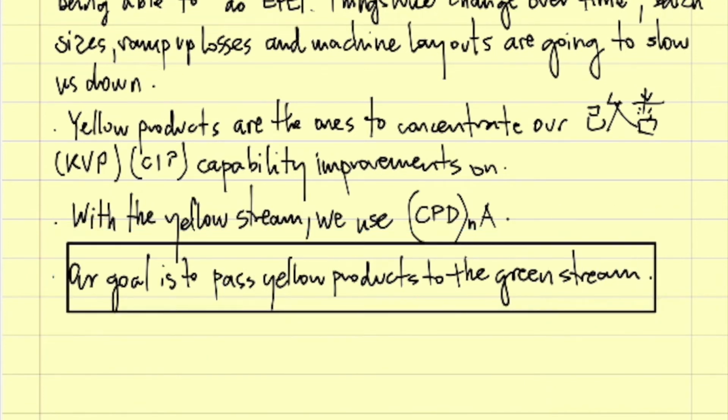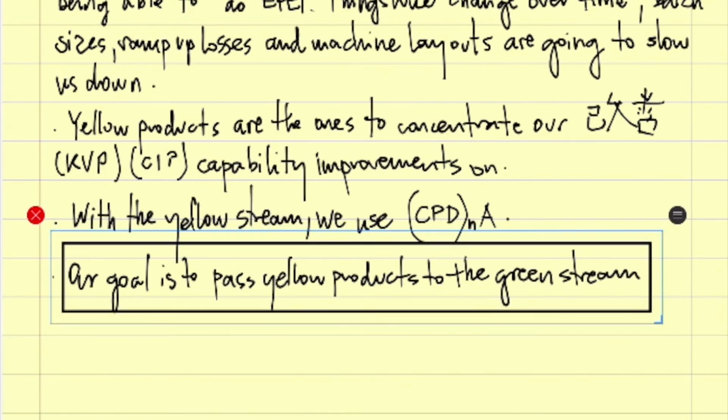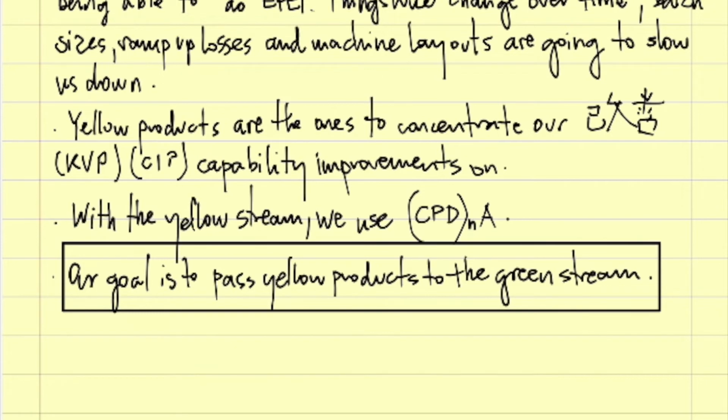Anybody online? Are you aligned? Do you have any questions? No questions? Okay. Yes. For the green product, could a goal be to sell more green products than we do? No, we don't touch the customer now.